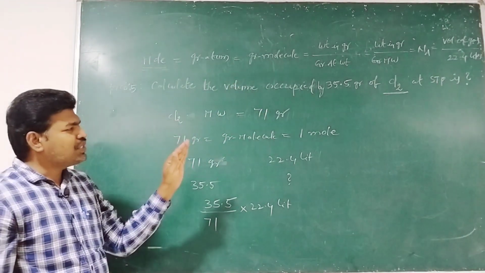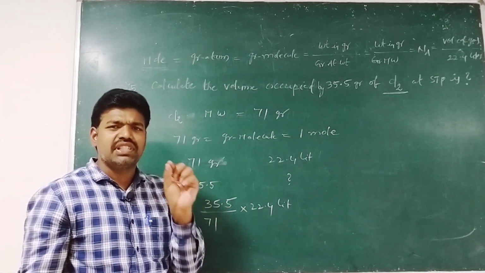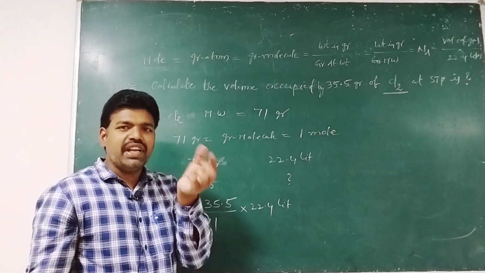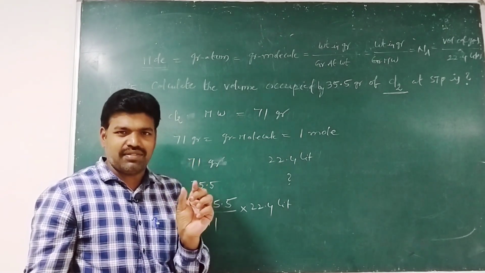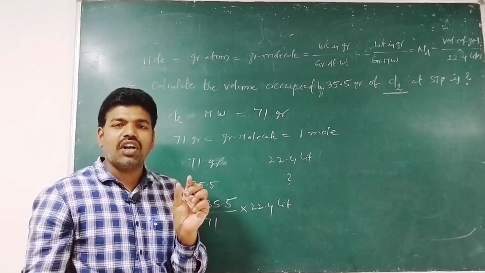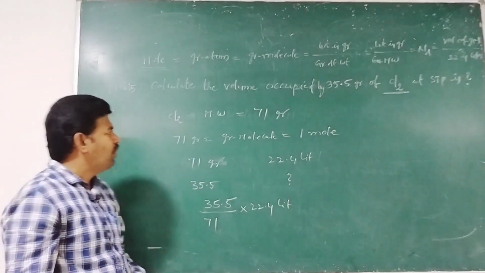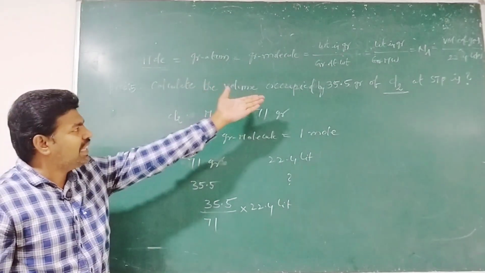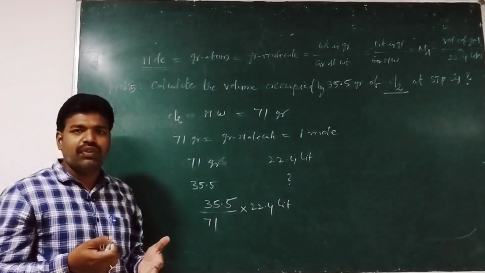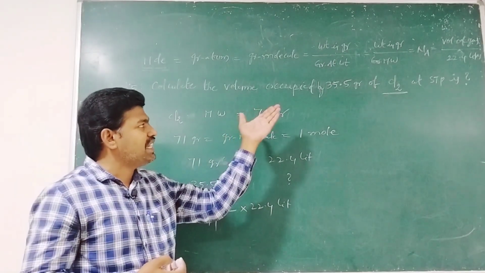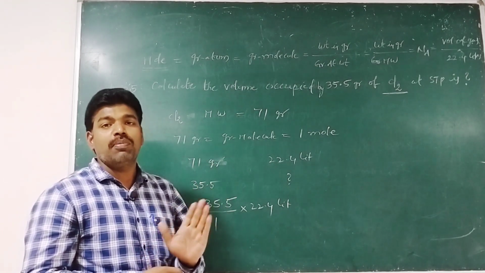Okay, so there is no difficulty in the problems, because you just know how to convert the relations. Problem solving is just applying the concept we understood or learned. You just interconvert the relations. They give 35.5 grams of Cl2 gas, but we don't have a relation between weight and volume occupied by the gas.